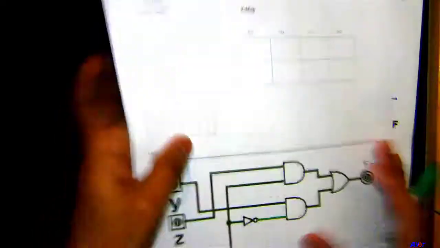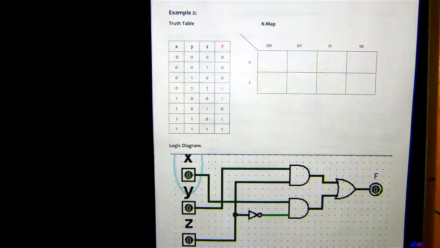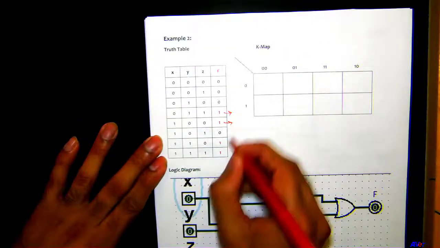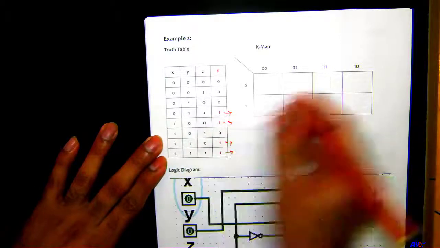So here's one example. We have a truth table. We are going to come up with an expression first. So let's fill the table. So we got 3, 4, 6, 7 minterms here.